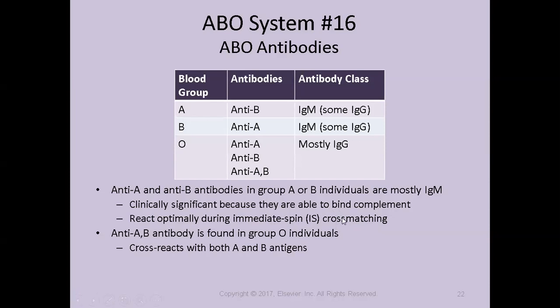And we try to do that prior to transfusing the recipient with those red cells. We'll be talking more about cross-matching later. This anti-AB antibody is found really only in group O individuals, and it will cross-react with both A and B antigens.